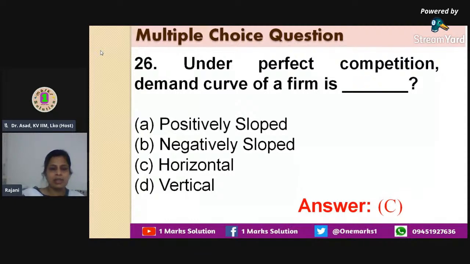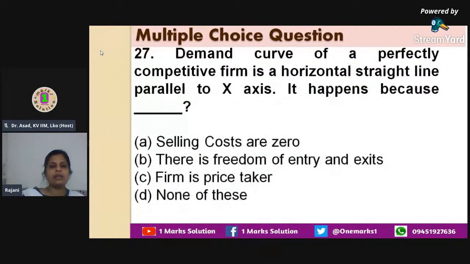Okay, coming to the next one. The demand curve of a perfectly competitive firm is a horizontal straight line parallel to the x-axis. It happens because of, it's a very interesting question, yeah, we just completed it. It happens because the firm is a price taker.